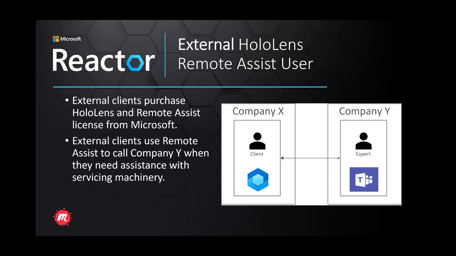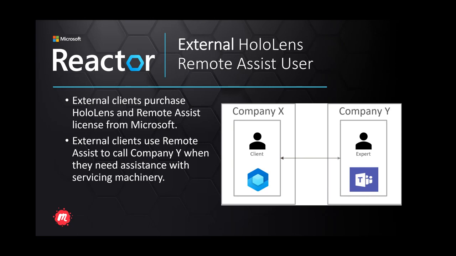So if company Y owns the HoloLens and company X owns Remote Assist, technically you can send your HoloLens to company X. However, in my experience, many companies use MDM, a mobile device management system.